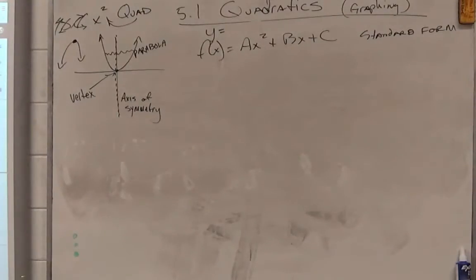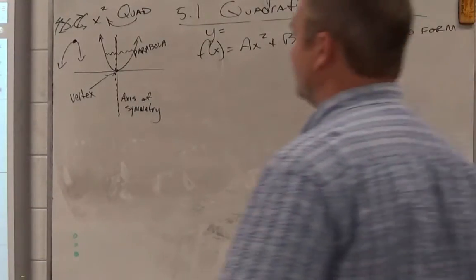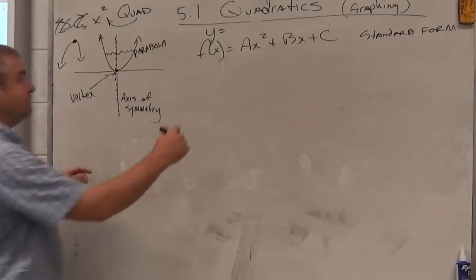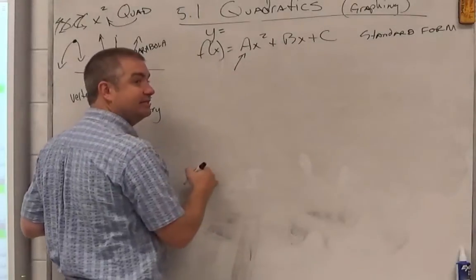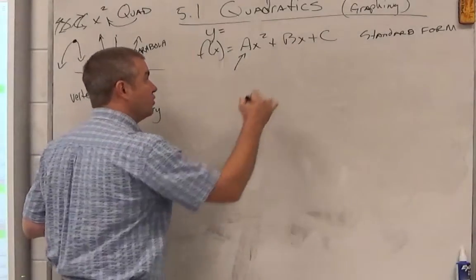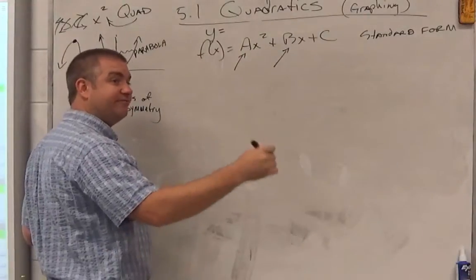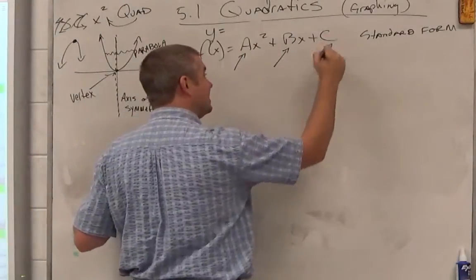The first learning target, if you look over on the ELT, is I can identify a, b, and c of a quadratic expression. So if it's in standard form, we need to be able to identify a, the coefficient in front of x squared. There's b in front of the x. b is always in front of the x, and c is the constant.